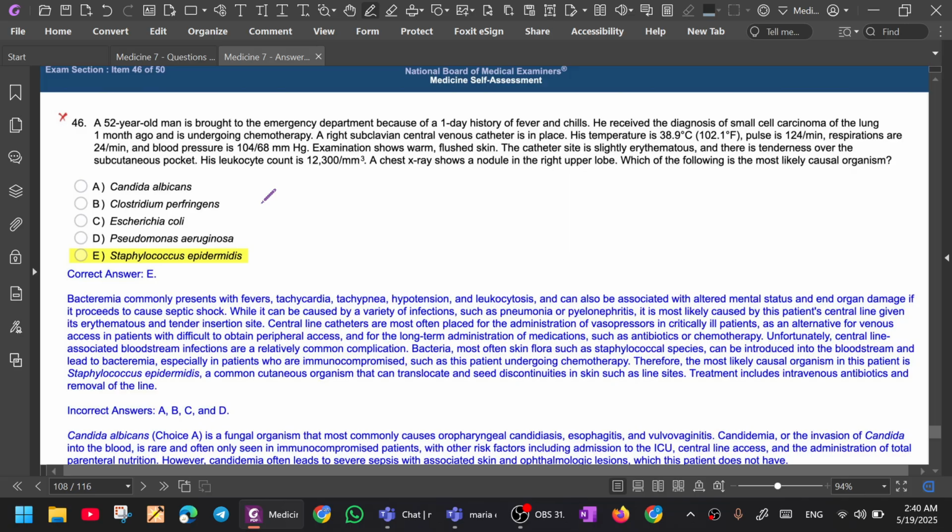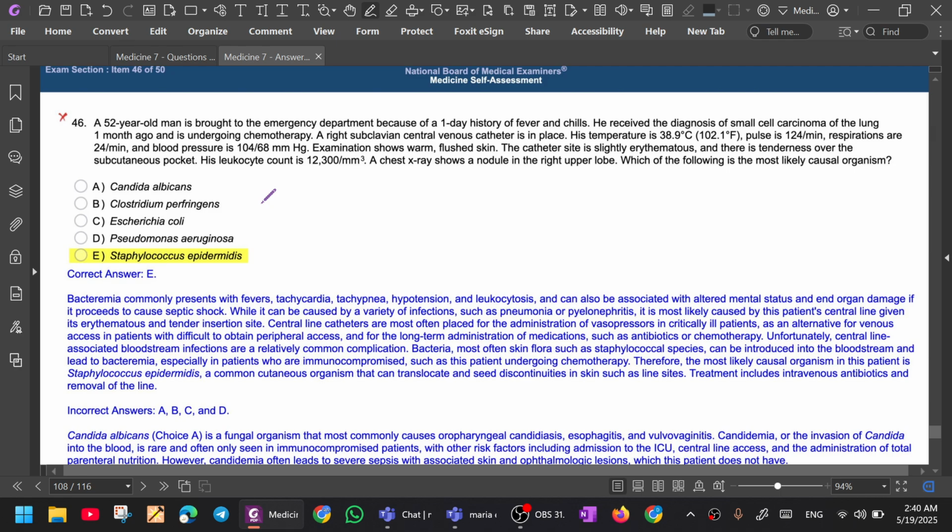It is most likely caused by the patient's central line, given its erythematous and tender insertion site. Central line catheters are most often placed for the administration of vasopressors in critically ill patients, as an alternative for venous access in patients with difficult peripheral access, and for the long-term administration of medications such as antibiotics and chemotherapy.